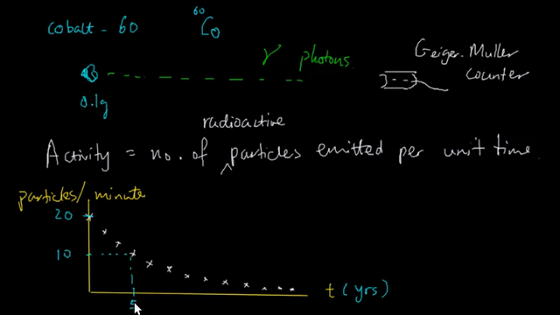Okay, and then after another 5 years, it would come down by about half again from the activity at the 5-year time. So it'll come down to 5.